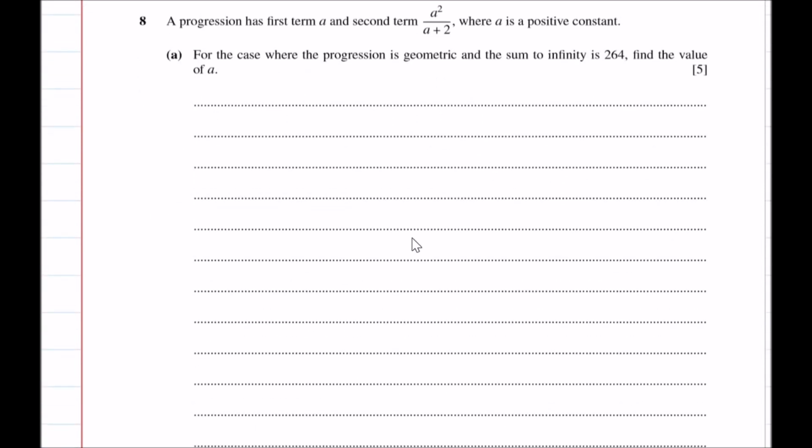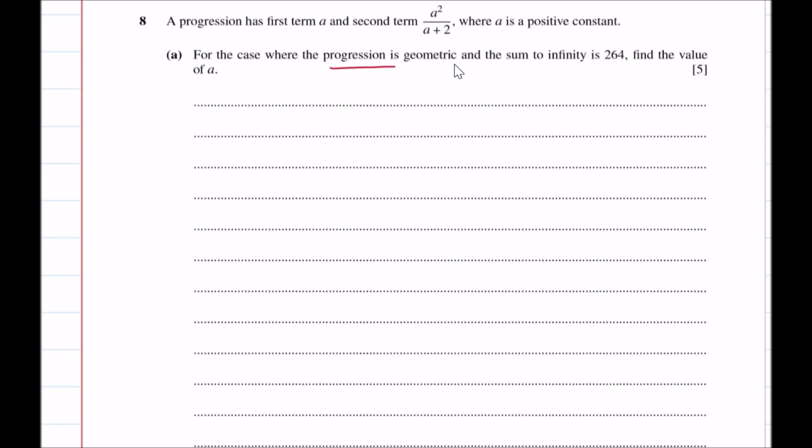Number 8. In this question, it says a progression has first term a and second term a square by a plus 2, where a is a positive constant. Part A. For the case where the progression is geometric and the sum to infinity is 264.